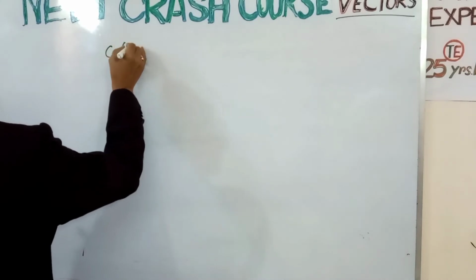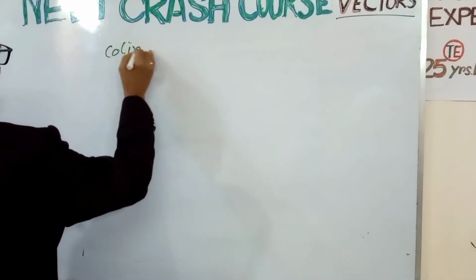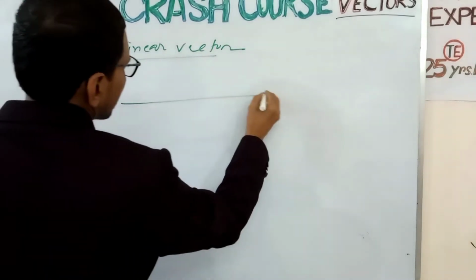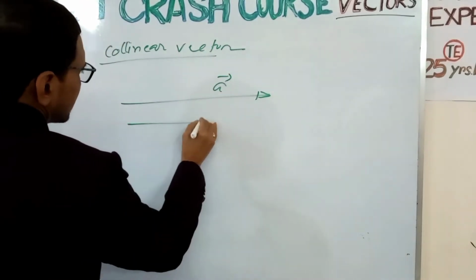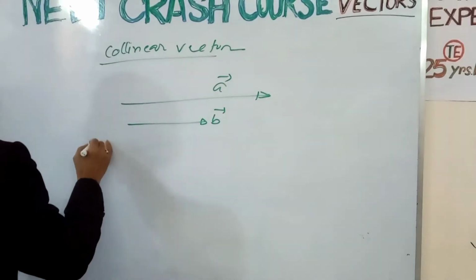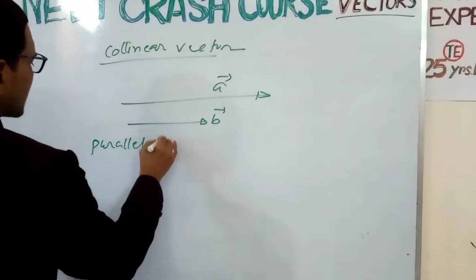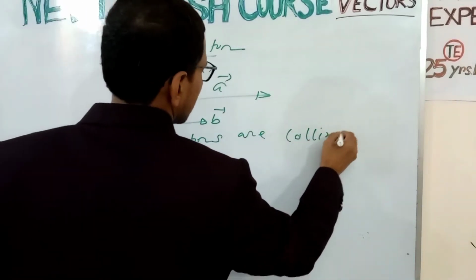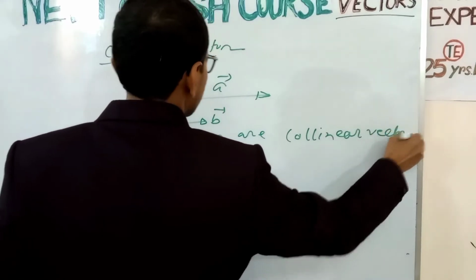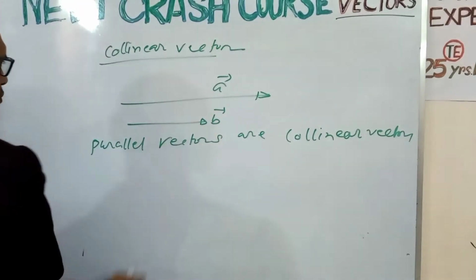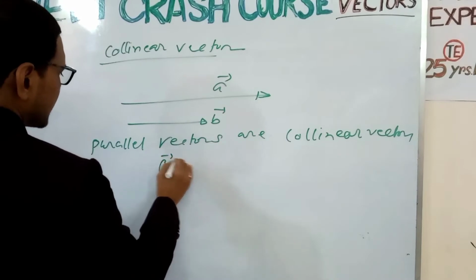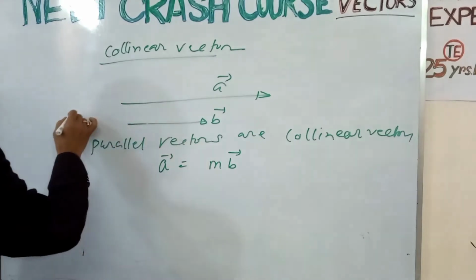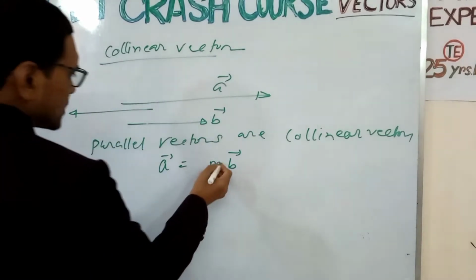Next is collinear vectors. If two vectors a and b are parallel, that is, parallel vectors are collinear vectors, then we can write a equals m times b, because the direction is along the same or opposite.